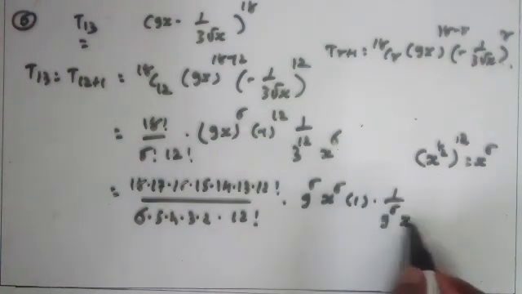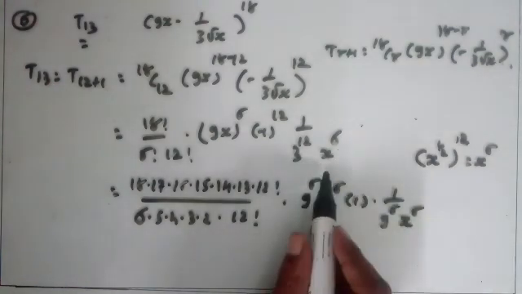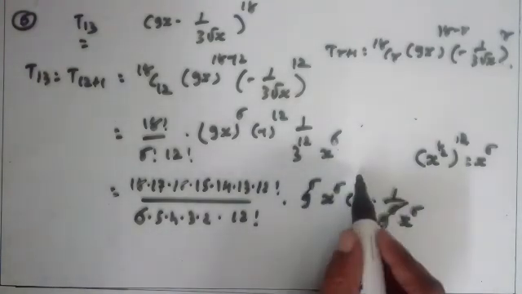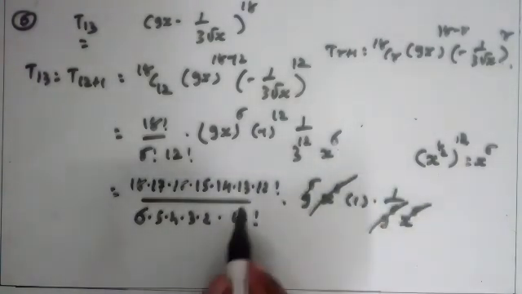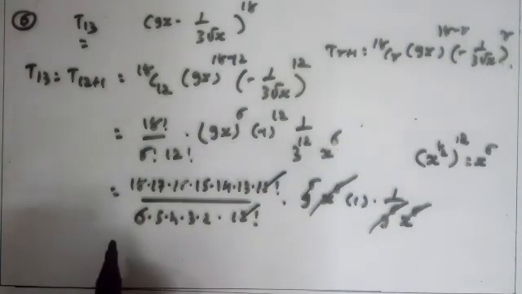Okay, x raised to 6. Here 9 raised to 6 from both cancel, x raised to 6 also cancels, 12 factorial cancels.